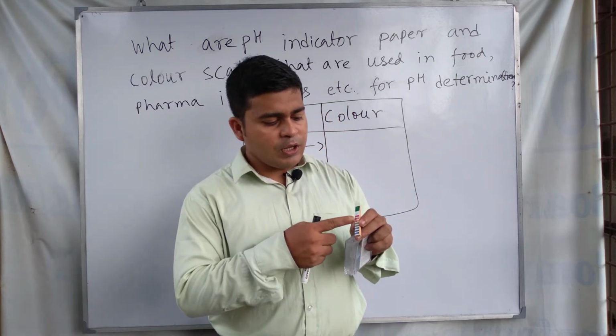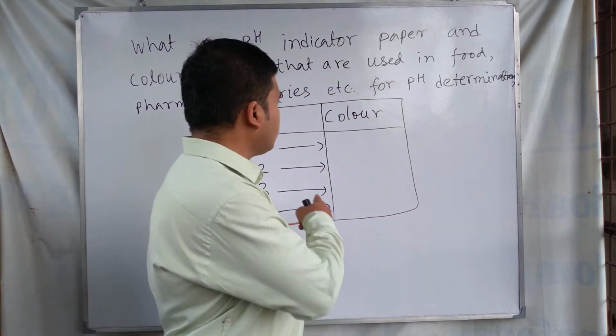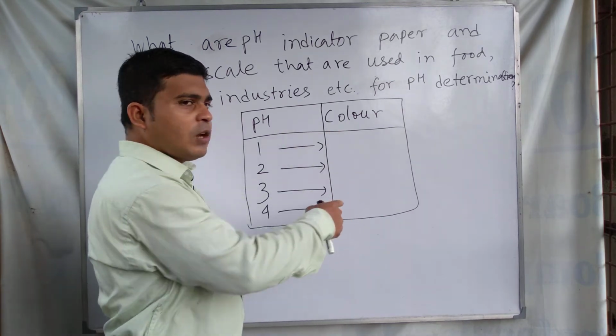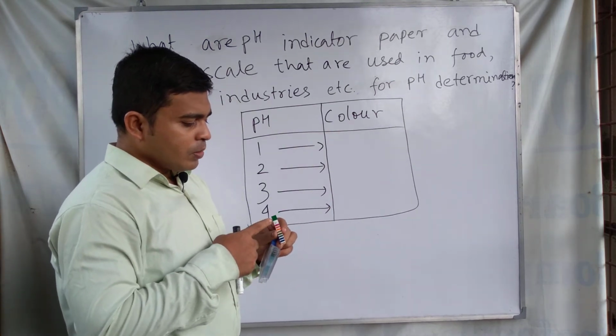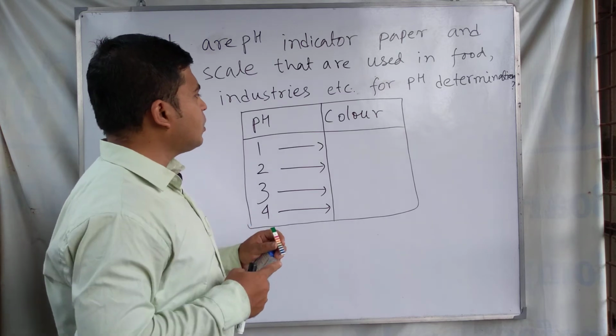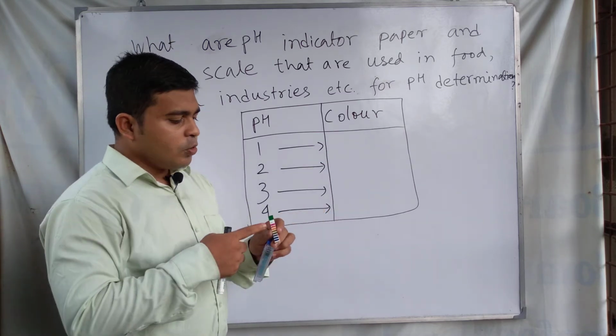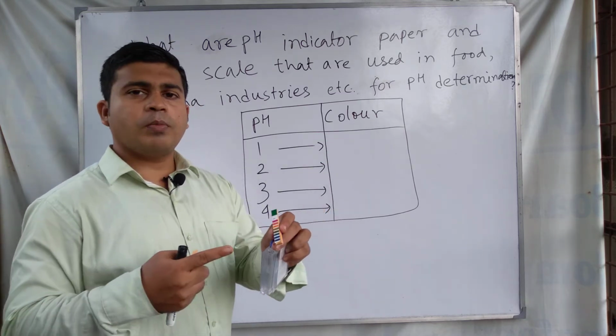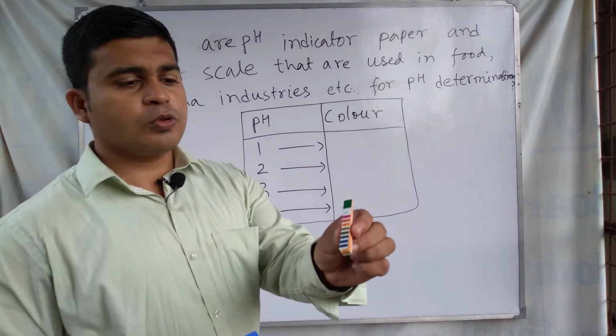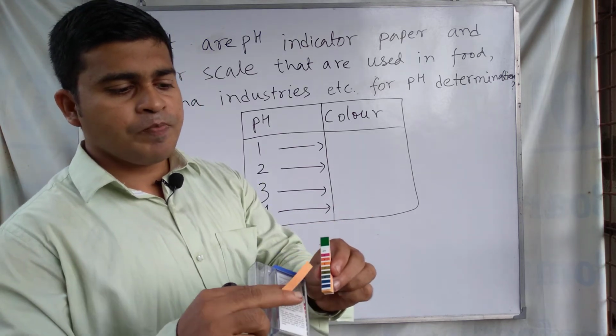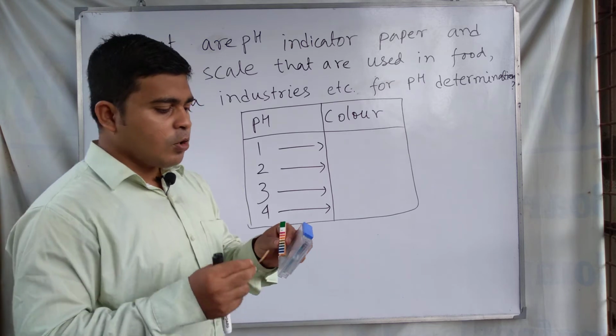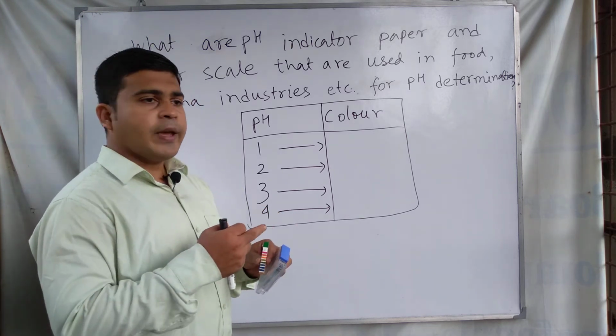Here is a list of pH with color given in a chart, which is called the color chart. You can find this chart at the front. I would like to show you clearly. This is the chart where you can find the number and color.